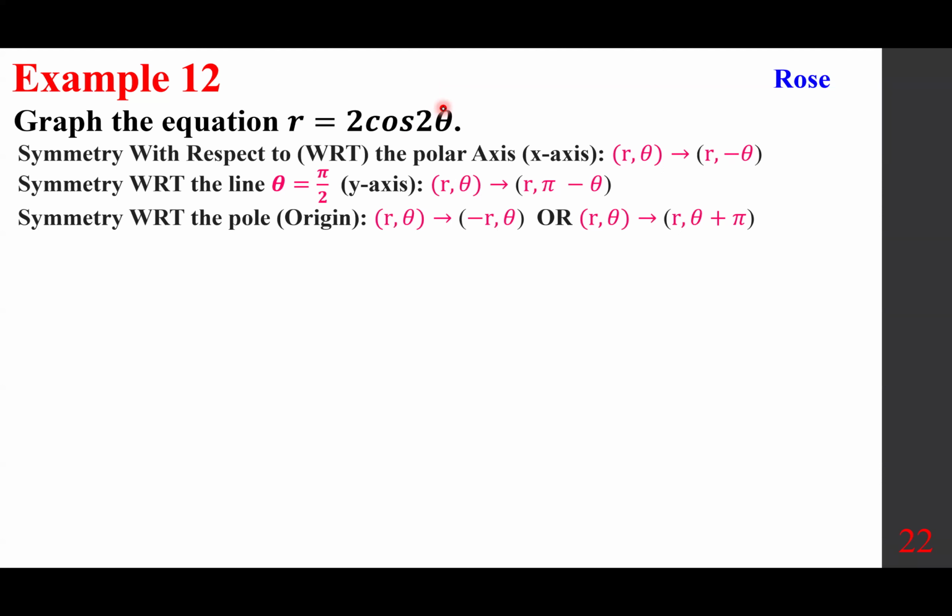And the number of petals, if you will, depends on this number. If it's even, it doubles up. If it's odd, it remains the same. Okay, so let's actually look at it, see how it works.